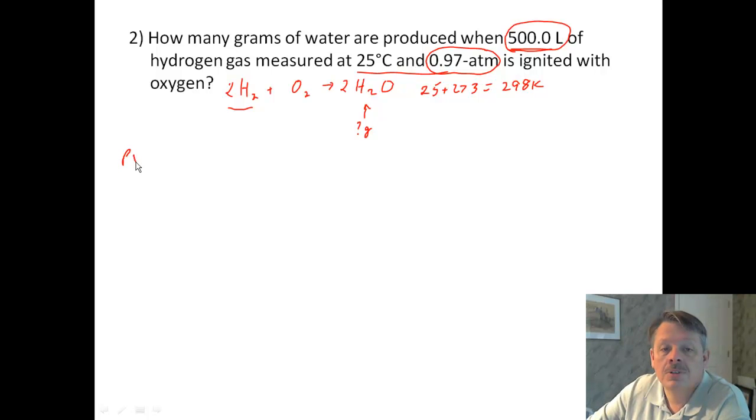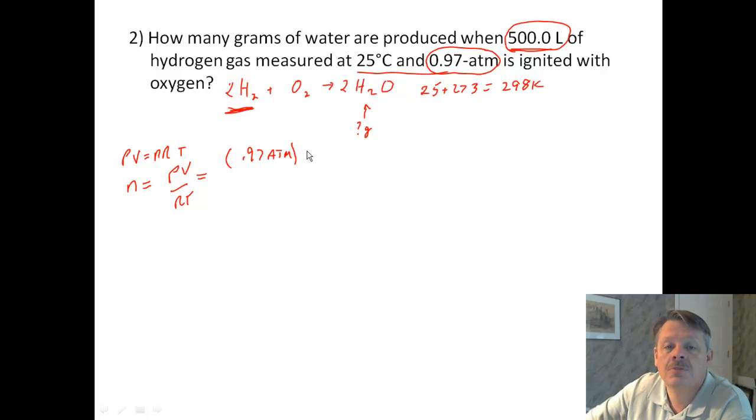So PV equals nRT, and we are trying to solve for n because we're trying to come up with the number of moles of hydrogen. So n is equal to PV over RT. Our pressure, which has to be in atmospheres, is 0.97 atmospheres. We're going to have 2 sig figs in our answer.